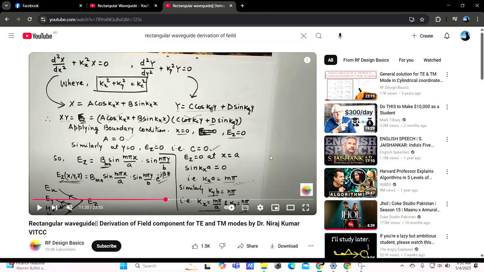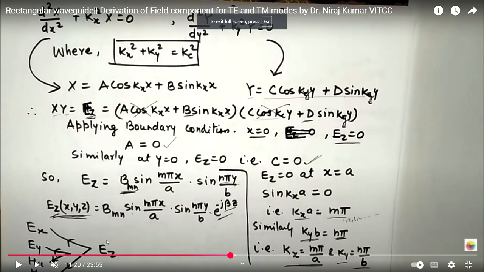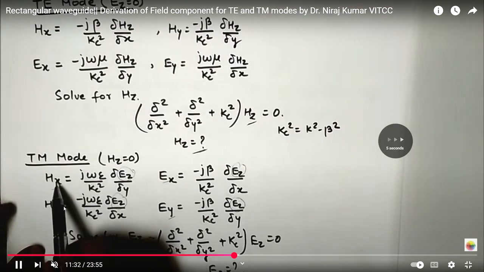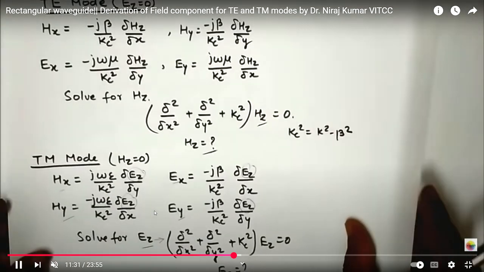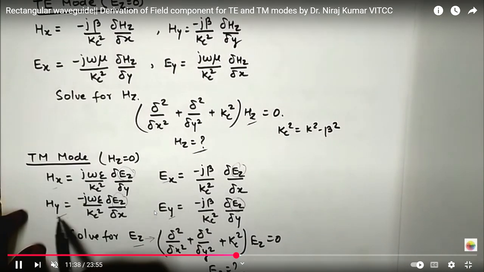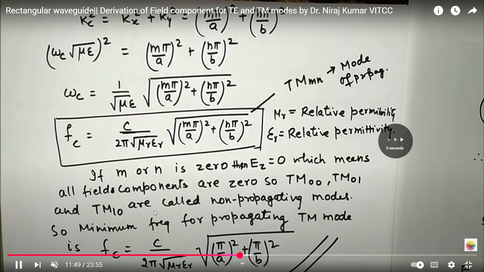In the case of Ez, we will see Ex, Ey and the components Hx and Hy will be 0.